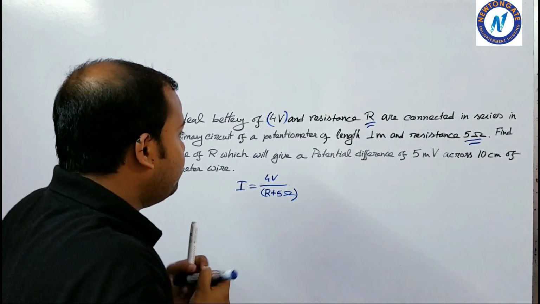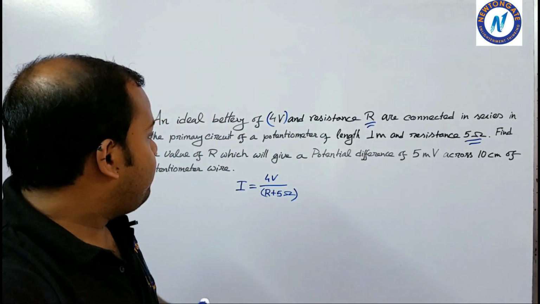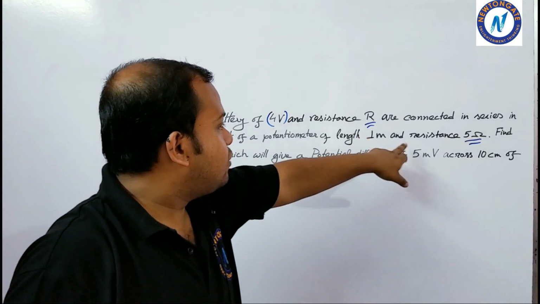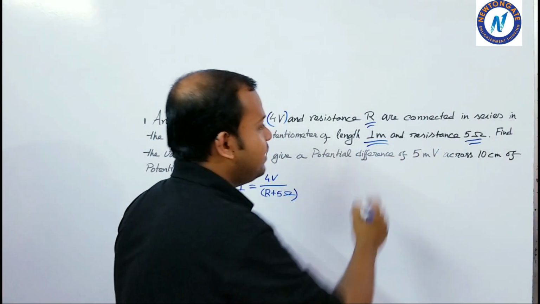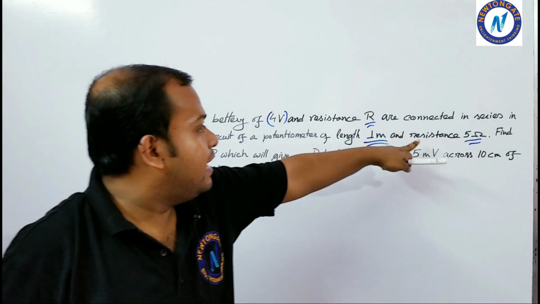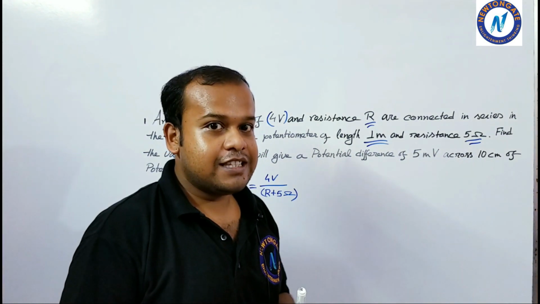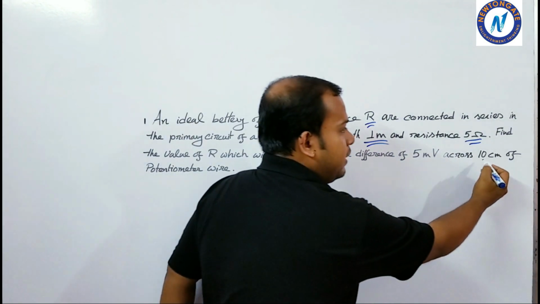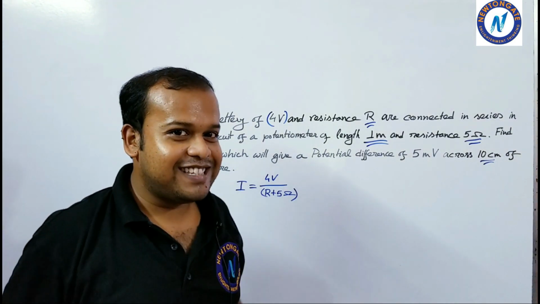Now we have to see this 10 centimeter wire. The length here is actually 1 meter, and that 1 meter length is responsible for 5 ohms of resistance. So 10 centimeter of wire must be responsible for some resistance there, right?